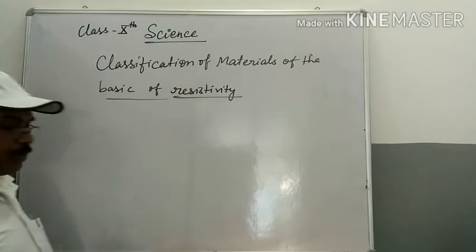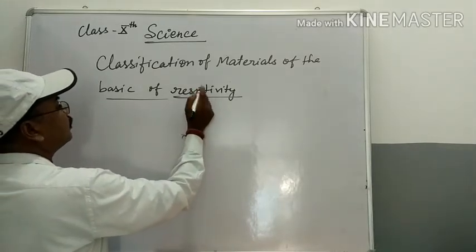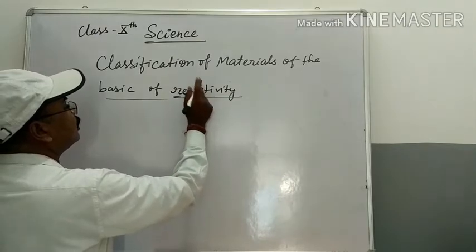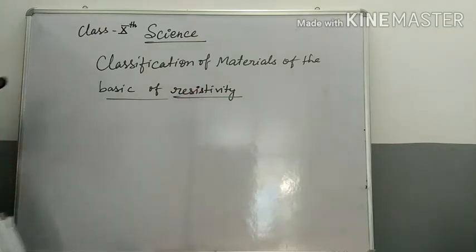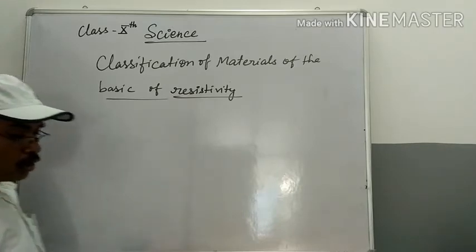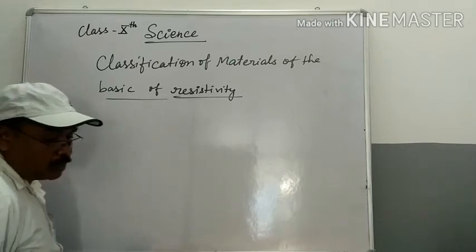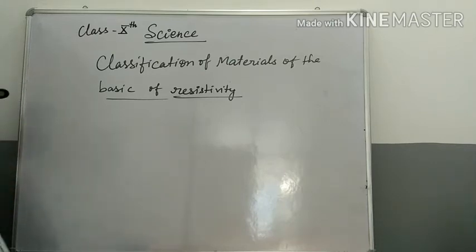Students, we have already noticed that substances having low resistivity are good conductors, and they allow electric current to flow through them.